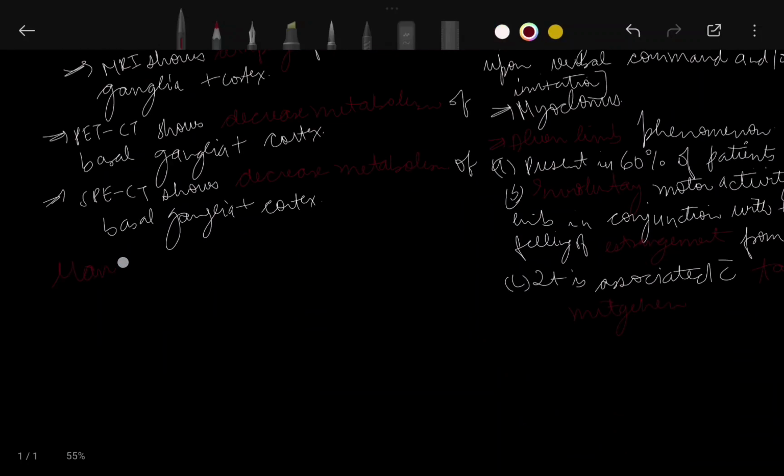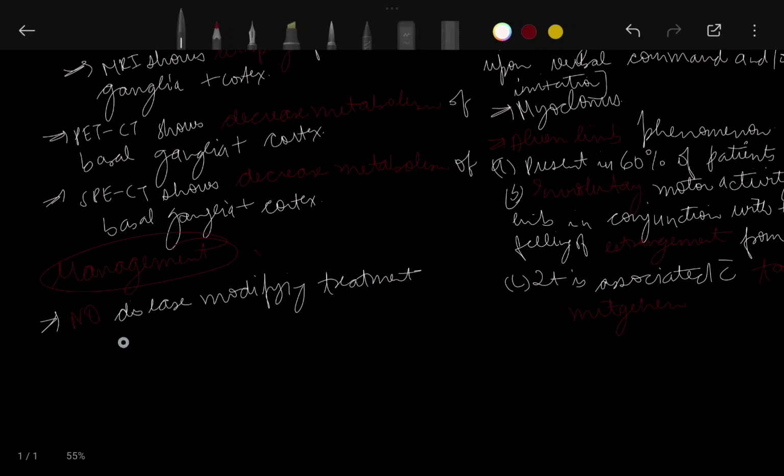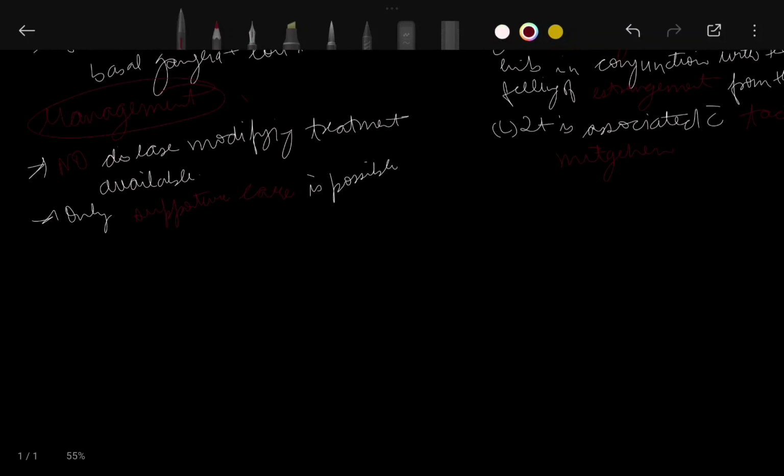Now coming to the management. There is no disease modifying treatment available. Diagnosis can be done, but there is no disease modifying treatment available, and only supportive care is possible.